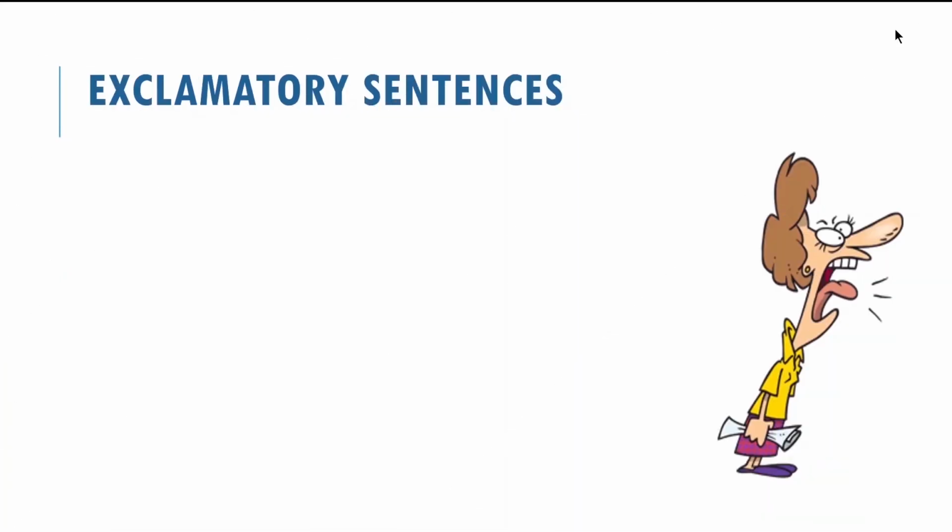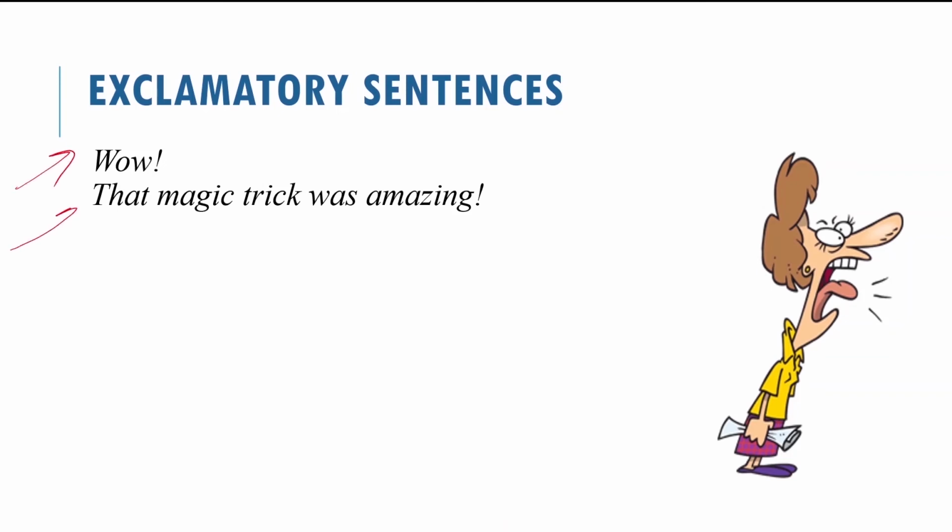The last type of sentences is exclamatory sentences. These are very common when we talk and in informal writing and stories. We usually do not use exclamatory sentences in formal writing, essays, reports, and non-fiction books. Look at the examples of exclamatory sentences. Wow, that magic trick was amazing!